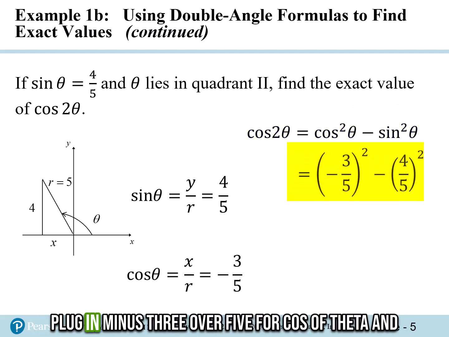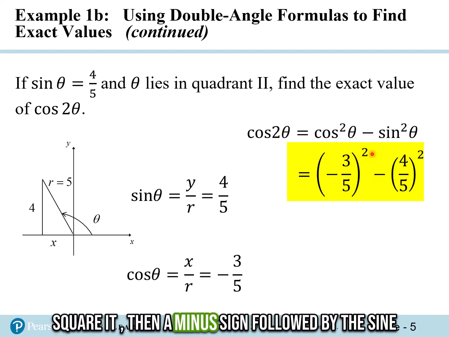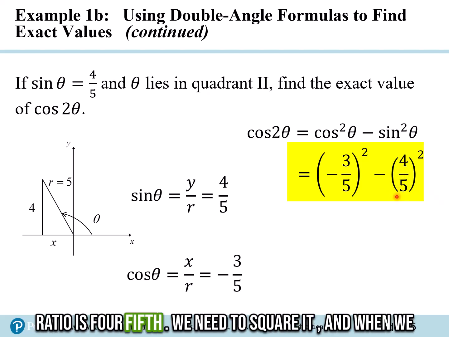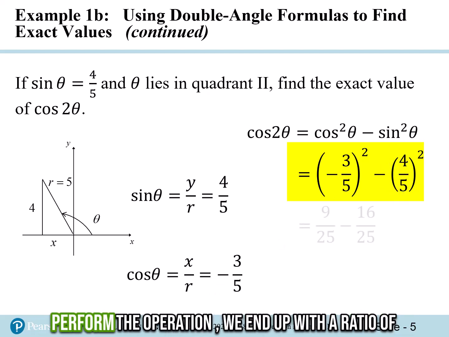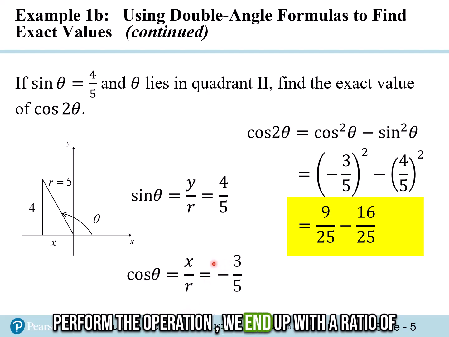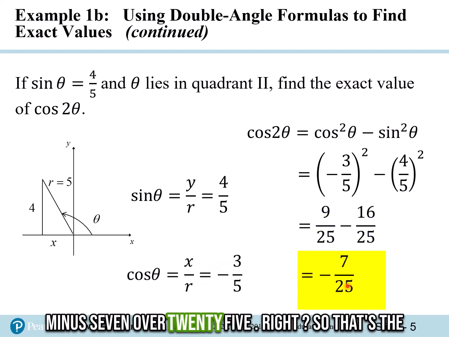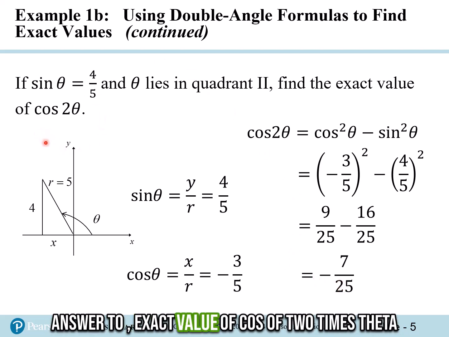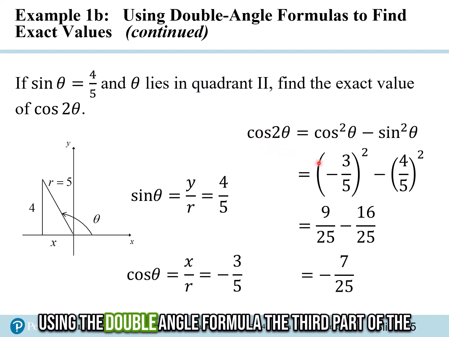Therefore, we are going to plug in minus 3/5 for cos of theta and square it, then a minus sign followed by the sine ratio 4/5. We need to square it, and when we perform the operation, we end up with a ratio of minus 7/25, right? So that's the answer to the exact value of cos of 2 times theta using the double angle formula.